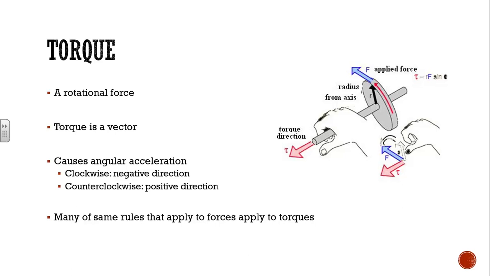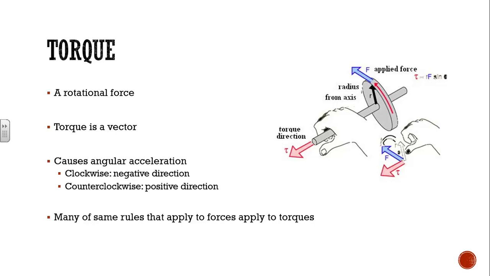Now, the way to determine which direction torque is actually acting on an object is to use what's called the right-hand rule. And there's a description of this here on this little diagram. The way I would describe it is if you have R, the radius of the object, you're going to put the fingers of your right hand in the direction of R, and you're going to put the palm in the direction of your force.